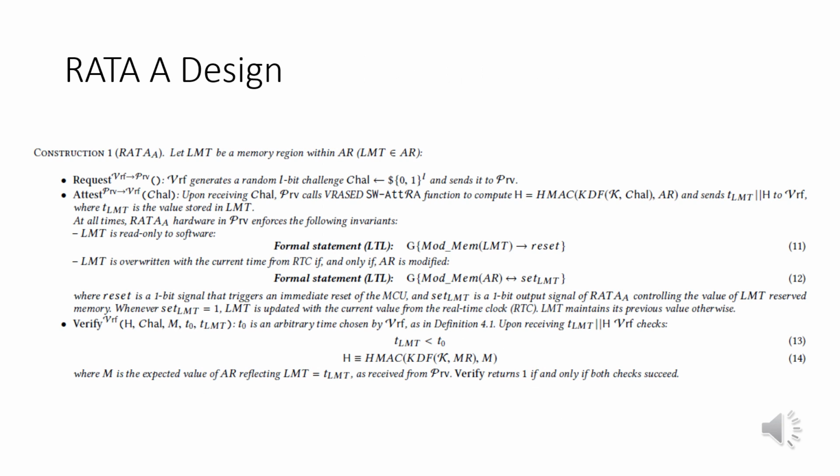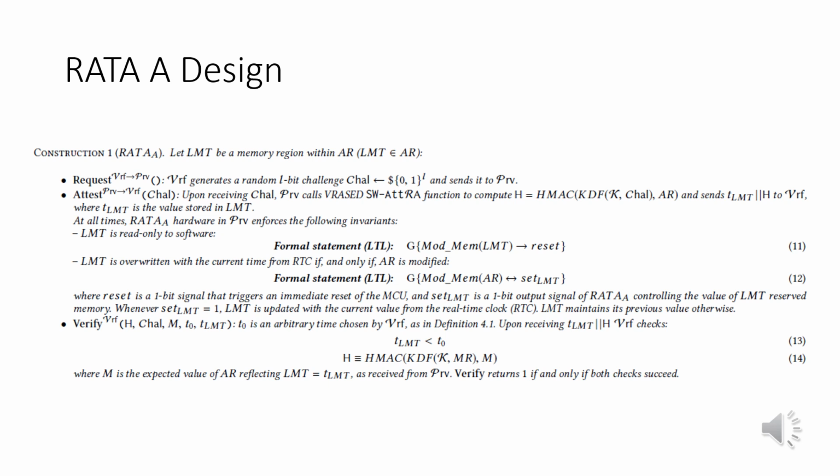RATA is designed as a verified hardware module that behaves as follows. It monitors a set of CPU signals and detects whenever any location within the attested range is written. This is achieved by checking the value of the signals: data address, write enable, direct memory access address, and direct memory access enable.